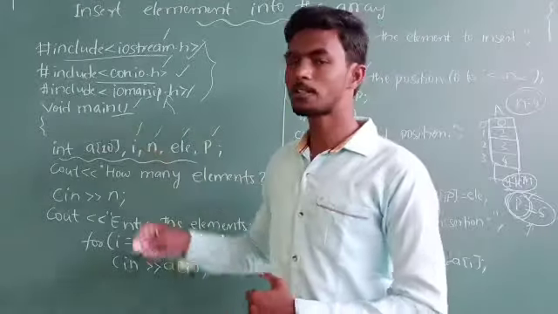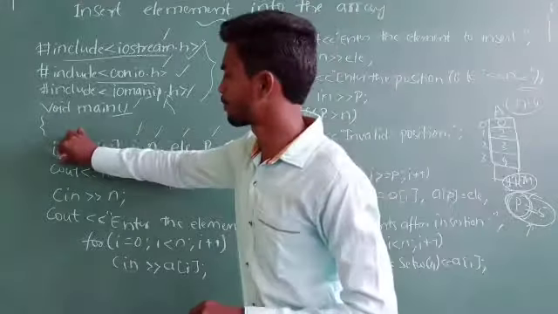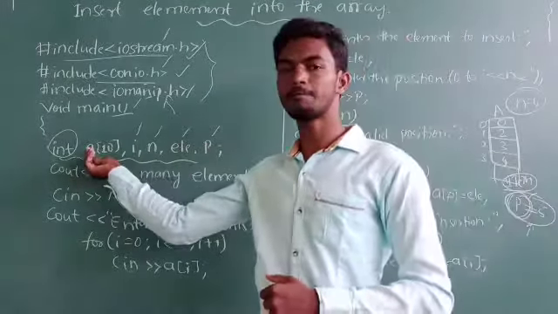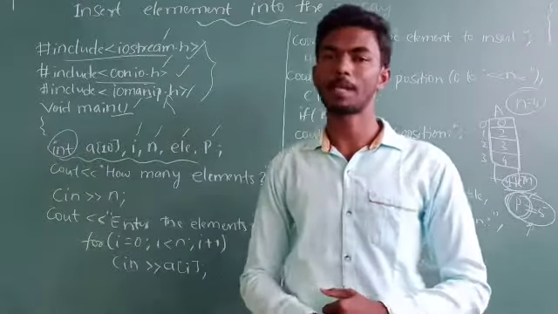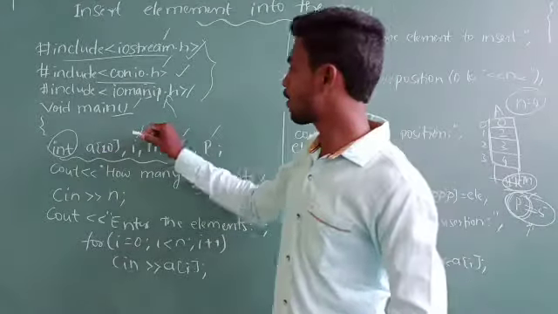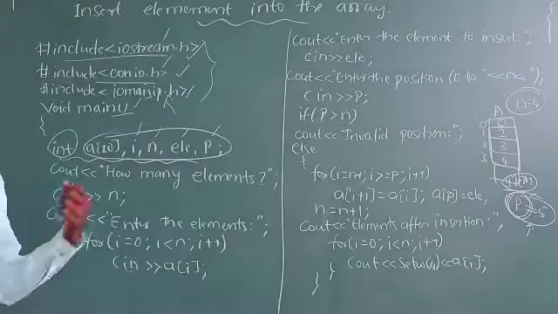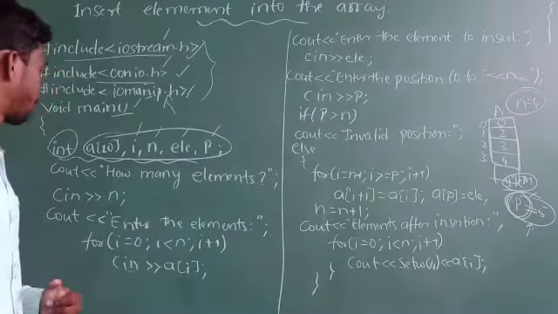These are variables of type integer. We only need to work with integers here, so I have taken the integer data type to declare all the variables required in the program to insert an element into an array.